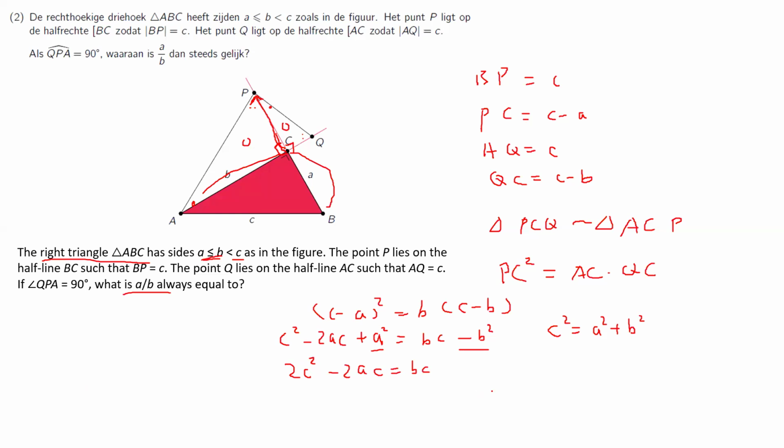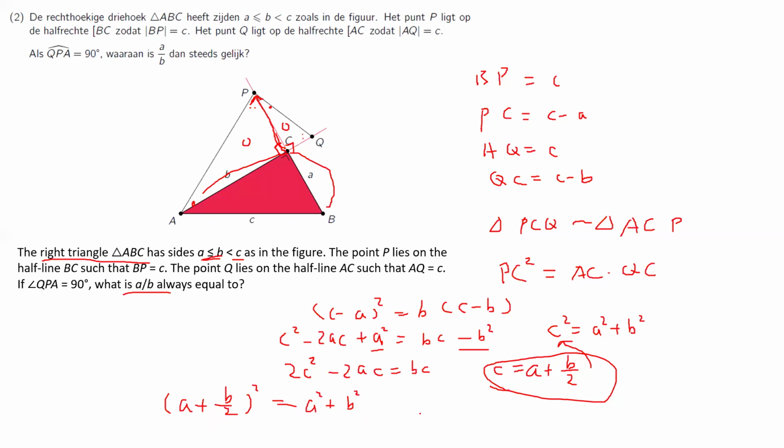So 2c equals 2a plus b, so c equals a plus half b, right? And we just replace c with this in the Pythagorean theorem. So there we have (a plus half b) squared equals a squared plus b squared.